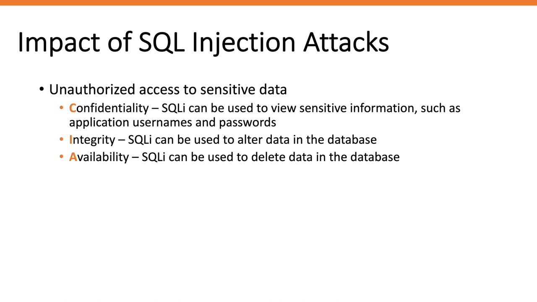In terms of integrity, some SQL injection vulnerabilities will allow you to alter data in a database. An example of that that I exploited not too long ago is an application that allows you to update an email address. Because this was vulnerable to SQL injection, I was able to update another user's email address to one that I control.